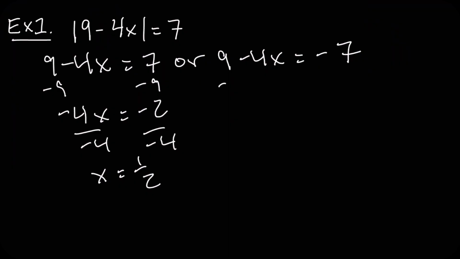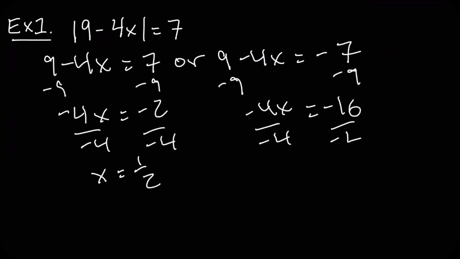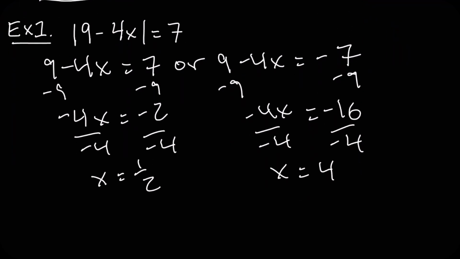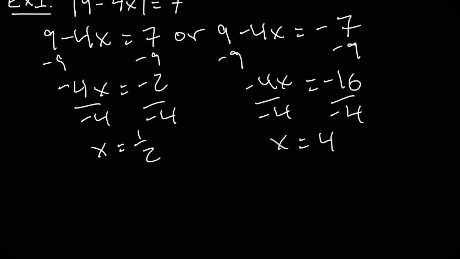Let's subtract a 9. This will get us negative 4x is equal to negative 16. Divide by negative 4, and you're left with x is equal to 4. Go ahead and test these inside of your original equation, see if they make sense, and if they do make sense, then you can include them as a solution.